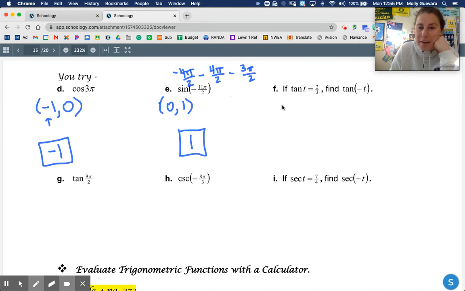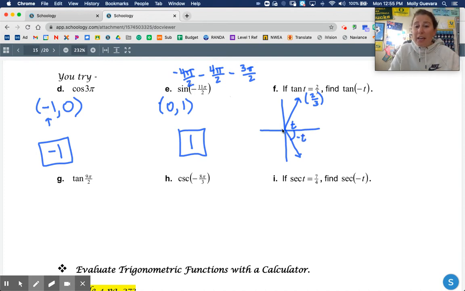For f, I have tangent is 2 over 3. Now keep in mind, tangent of t, so let's just call this t, is 2 over 3. If I go that negative t, here, tangent is y over x. So my y is positive and my x is positive.